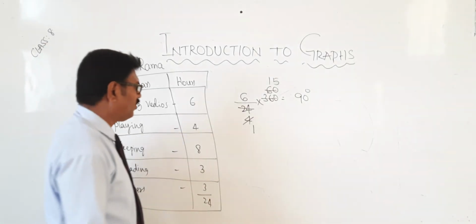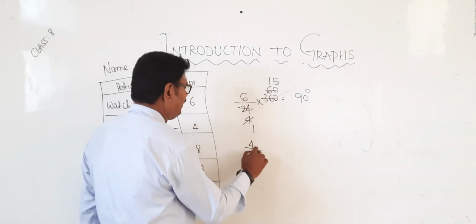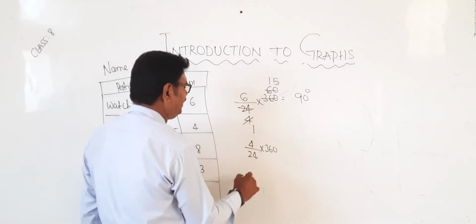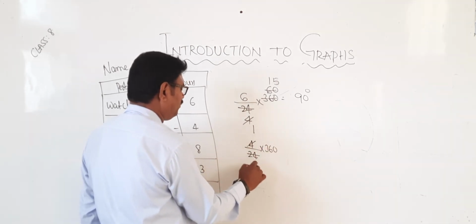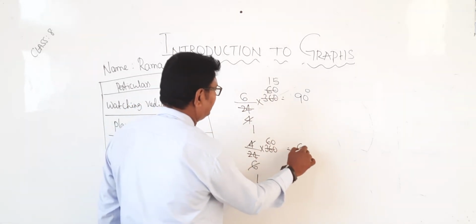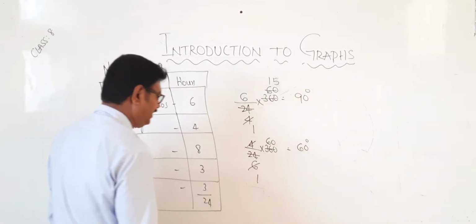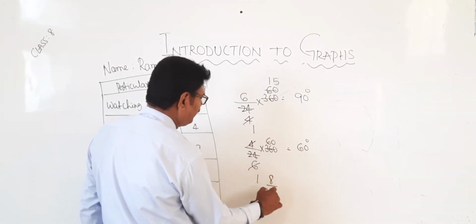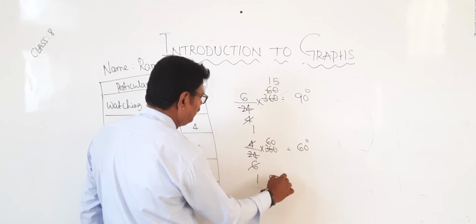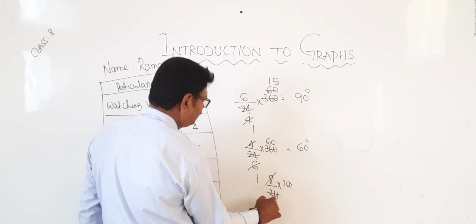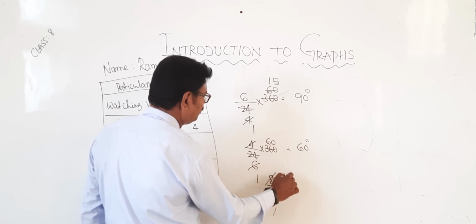Next one, 4. 4 divided by 24 into 360. 4 ones 4, 6 ones 6, 0. Therefore how many degrees? 60 degrees. Third one, 8. 8 divided by 24 into 360. 8 ones 8, 3 ones 120.